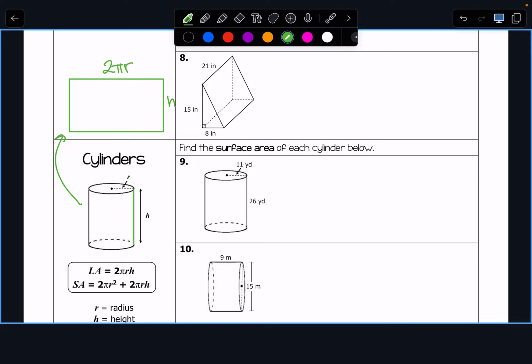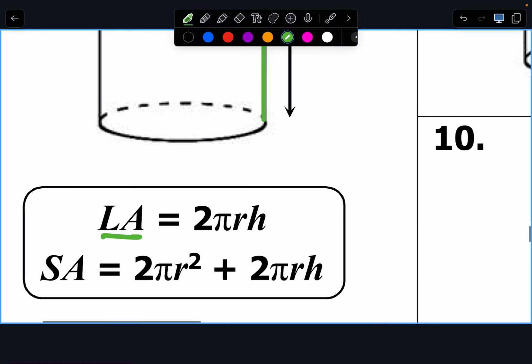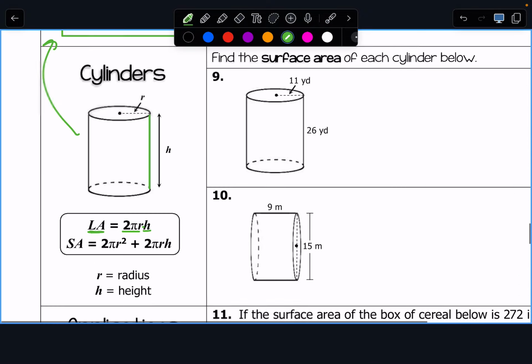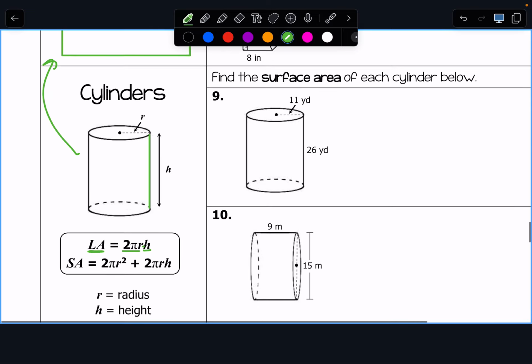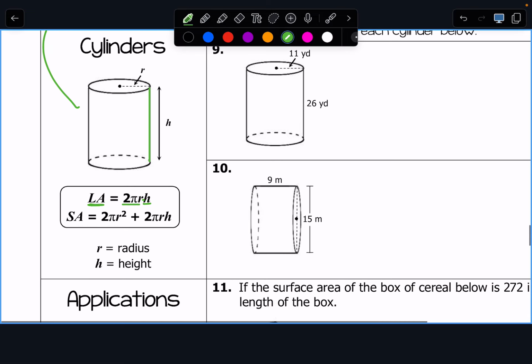Do you see this LA right here? Lateral area. So it's basically the area that does not include the bases. So 2 pi r times h is your area of the rectangle that we cut apart and spread to get your lateral area.